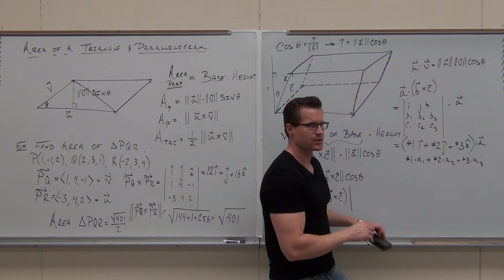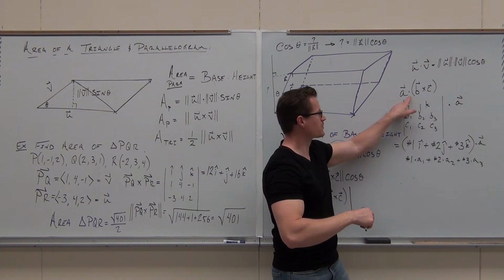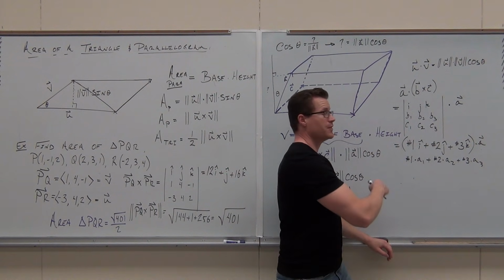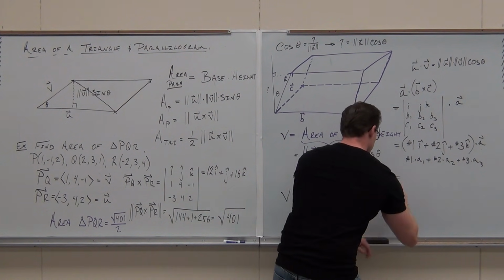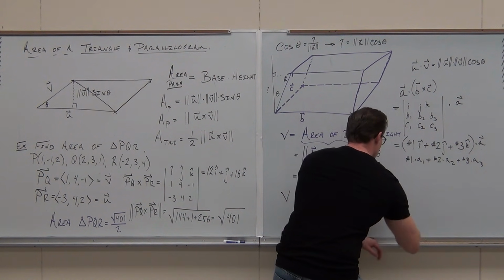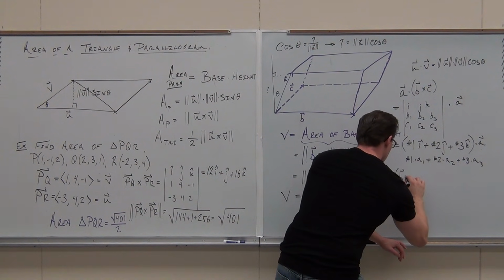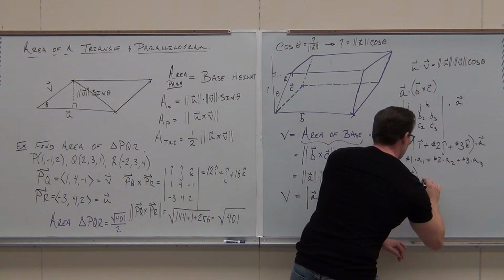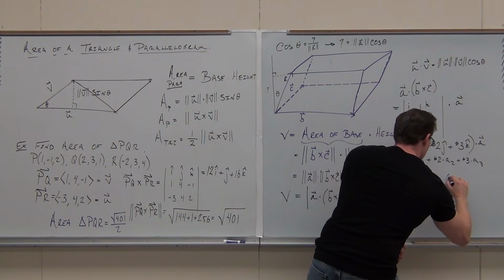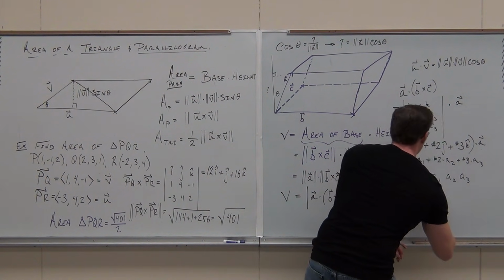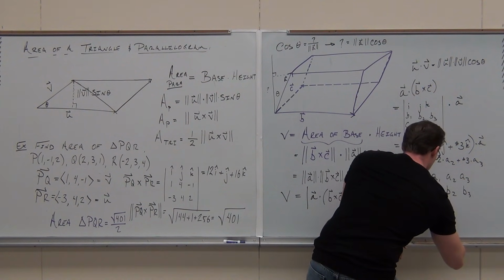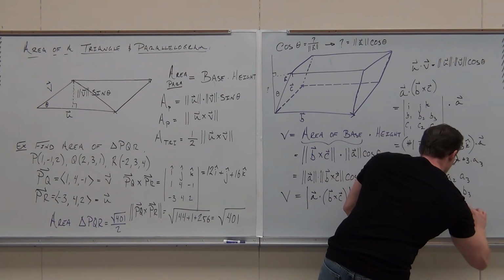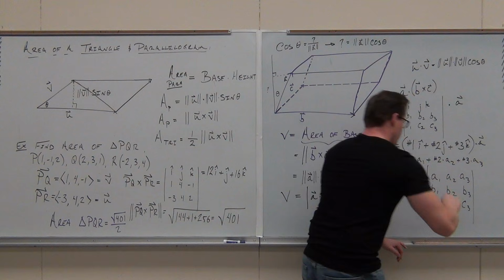Then there's another way to do this. If you ever have a dot product with a cross product, the easier way to do it is that right there.